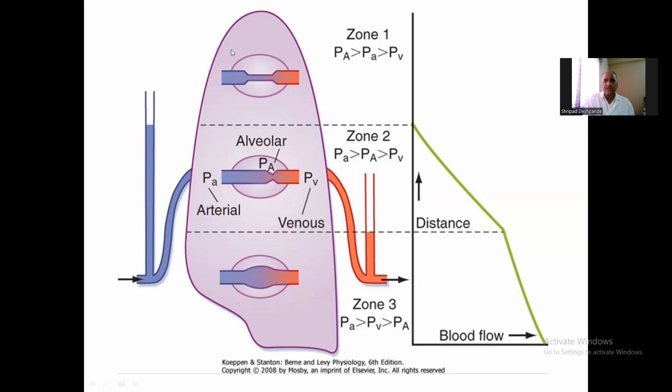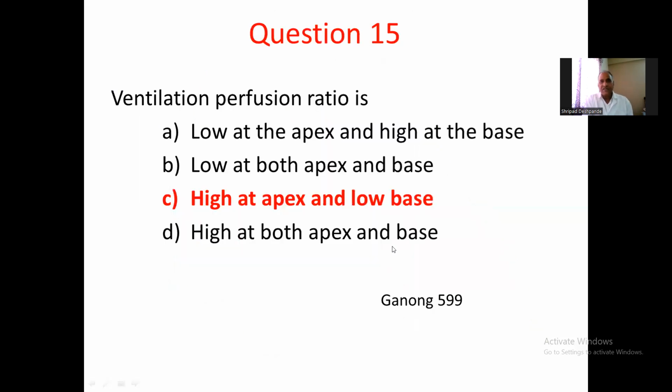You can see that capillaries are compressed and there is less blood flow. The ventilation is same, 5 liters, and with less blood flow, the ratio is greater than 1. In case of the base, you take the 5 liters and the perfusion is greater, so the ratio is less than 1. So now the correct response is high at apex, that's what I have shown, and low at base. You can refer to Ganong, page 599.